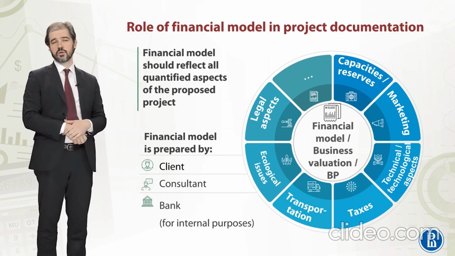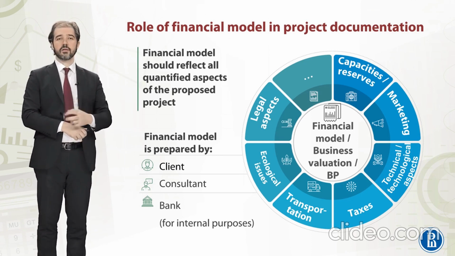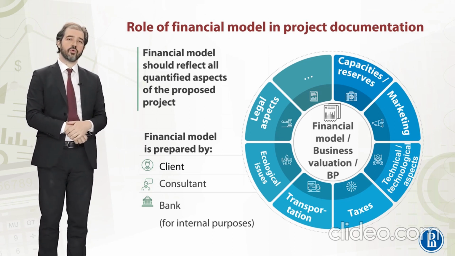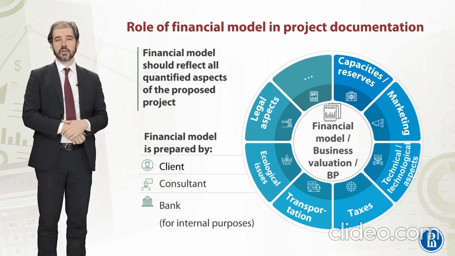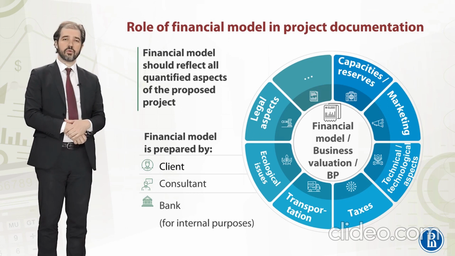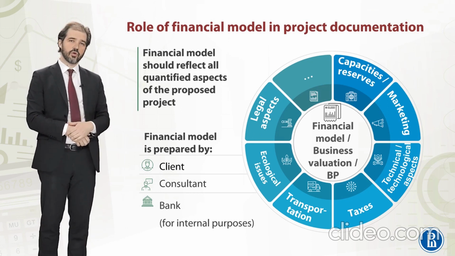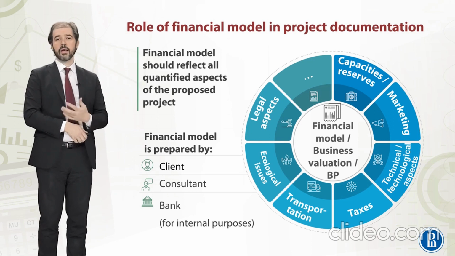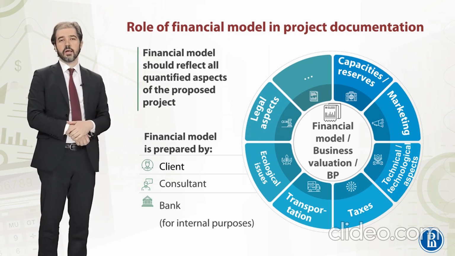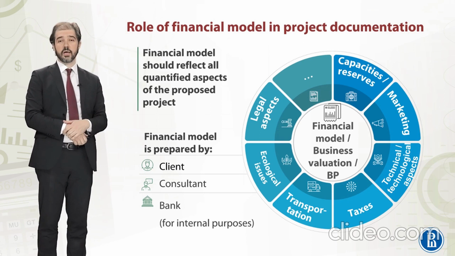Then you have technical and technological aspects. This will mainly be reflected in the model in terms of your costs of production and what the costs per unit are, how this will be reflected in your operating profit margin, and finally net profit margin, in all these types of financial forecasts.